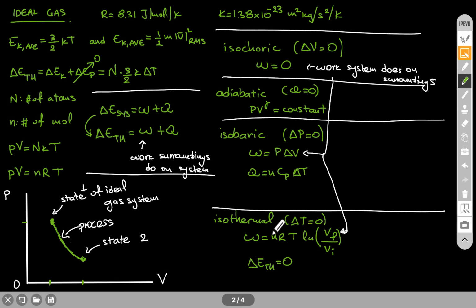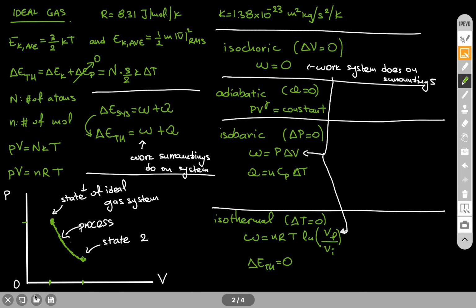Here you use the number of moles of the ideal gas and the temperature. Remember, it's an isothermal process, so the temperature of state 1 and state 2 is the same. You only have one number, and the natural log of the final volume, the volume of state 2, over the initial volume.